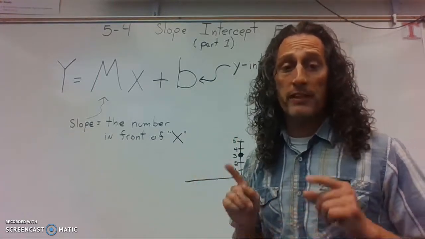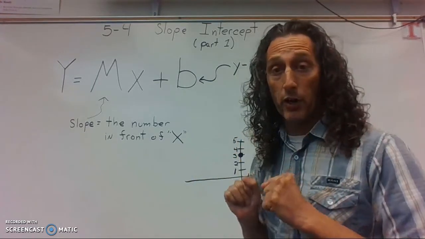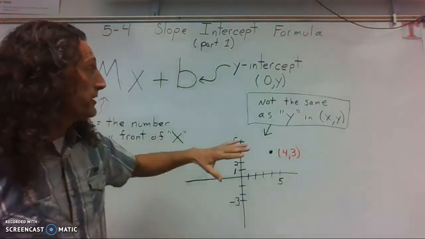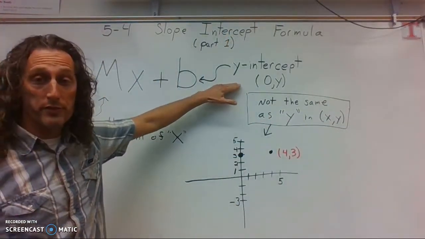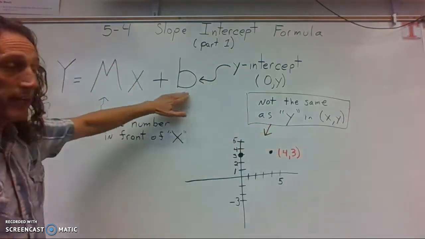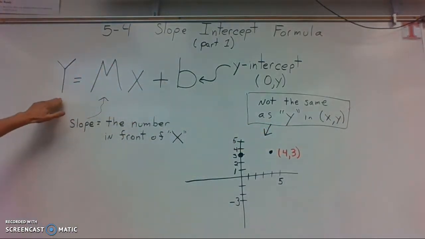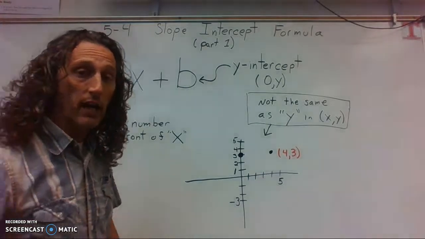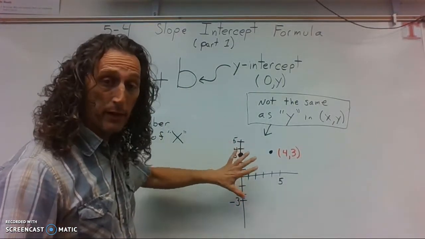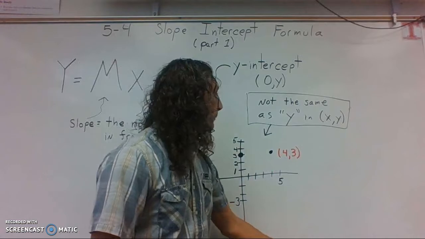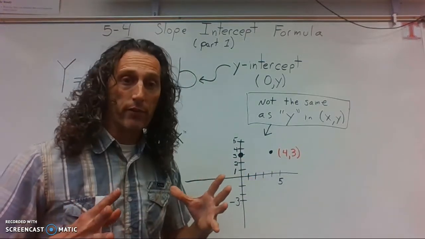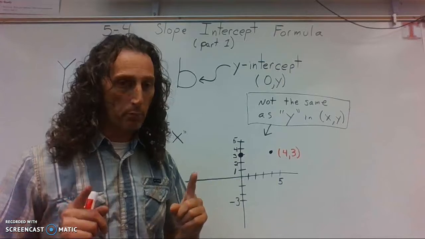Now here's one big point that I want to make before we head on to some examples, is the difference between the y-intercept and a plain letter y. Okay? This is not the same as the y. A lot of people will get those mixed up, and this is why I have this little graph down here. So make sure that you pay attention to this, right? So a y is a coordinate, right? It's part of a point.